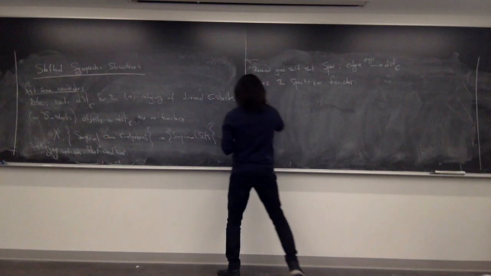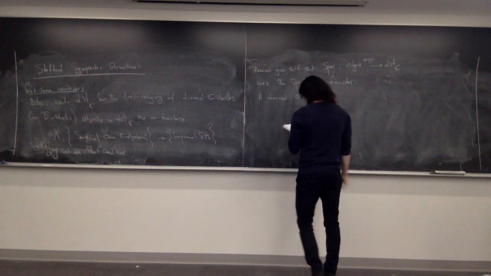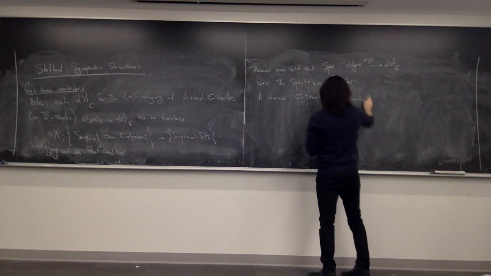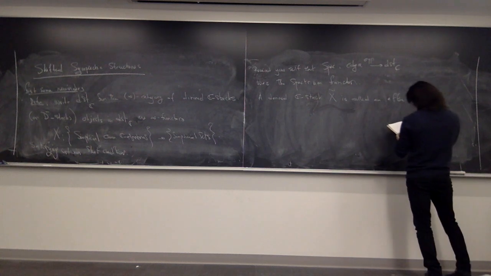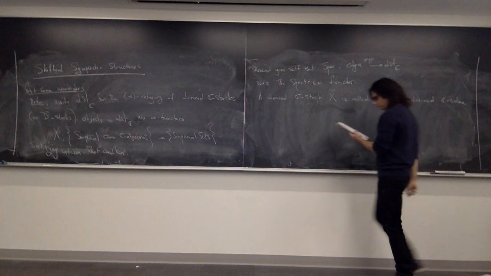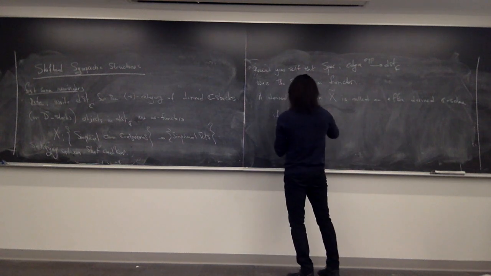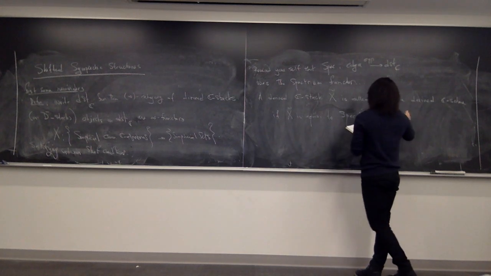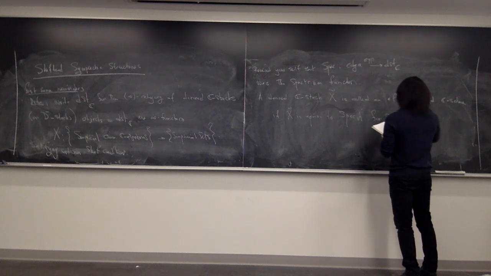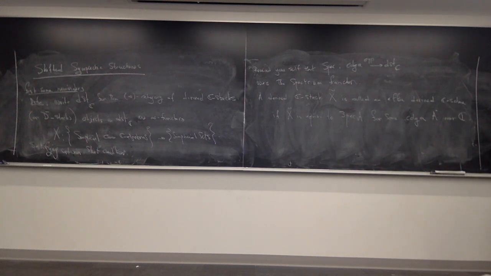Okay, so a derived C stack X tilde is called an affine derived C scheme if X tilde is equivalent to a spec of some A dot for some CDGA A dot over C. This is in some sense the summary of all the things we did.